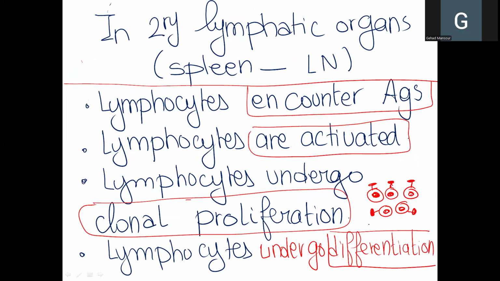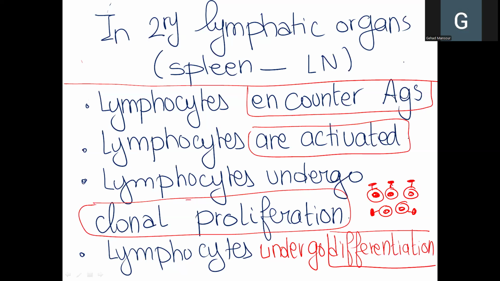The secondary lymphatic organ is the site where the lymphocytes encounter the specific antigen. It is the site where the lymphocytes become activated by certain chemical substances, and it is the site where the lymphocytes, after having received those signals, will undergo proliferation or cell division.